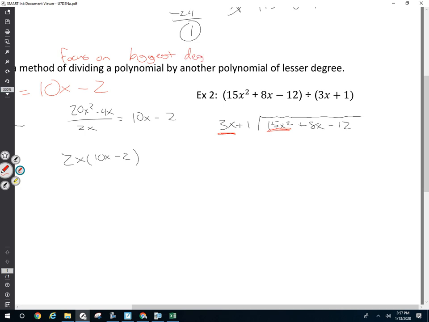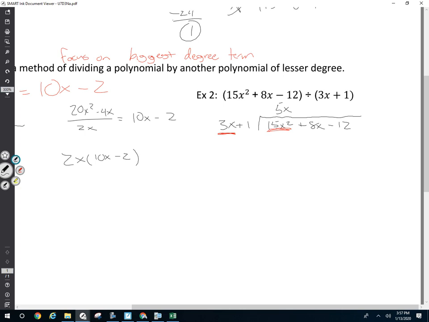And I mean the biggest degree term. So the x beats the no x's. So if we focus on that, how many times does 3x go into 15x squared? 5x.